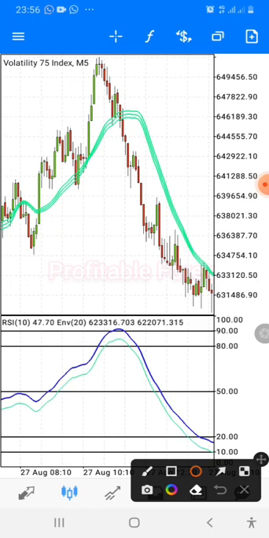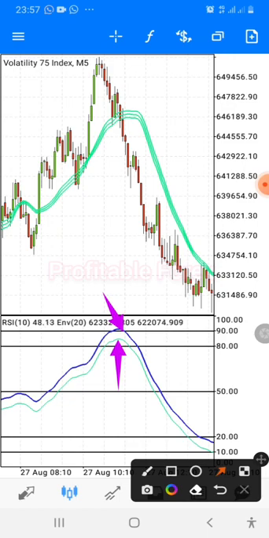On the indicator window, look out for your envelopes, the two bands of the envelopes at the 90 and the 80 level. The very first band, which is this one, should be at the 90 level, while the second band, the green one, should be between the 90 and the 80 level.